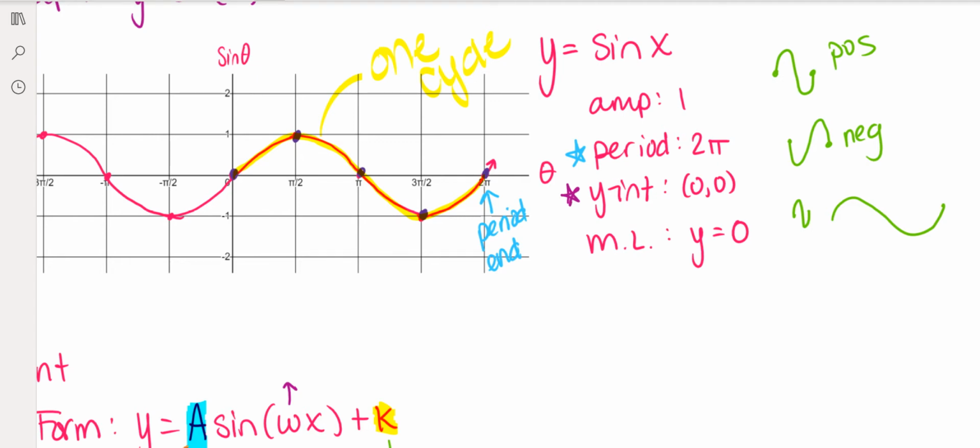Y-intercept is 0, 0. There's the y-intercept. That is also called the start. That's the start of the period. That's the start of one cycle. So we have our start and our end. Y-intercept gives the start. The period gives the end. And those are 2 of the 5 points.